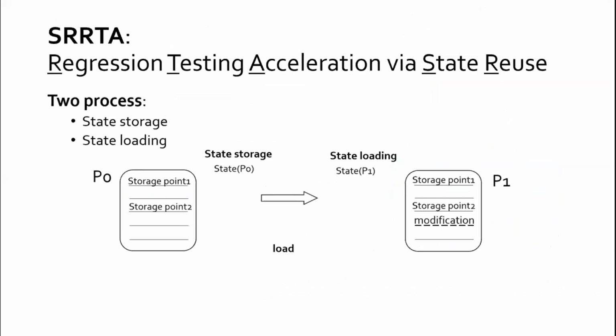In state storage, SRRTA sets storage points at predefined code locations and collects program states during the execution of P0. In state loading, SRRTA skips the instructions unaffected by regression modifications and reuses these program states during the execution of P1.